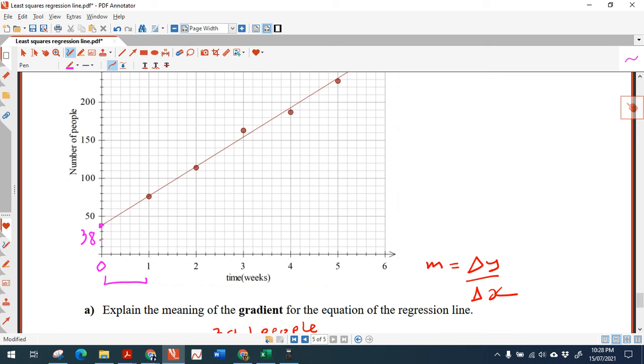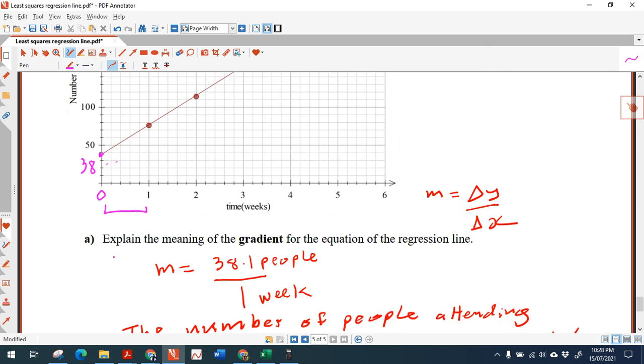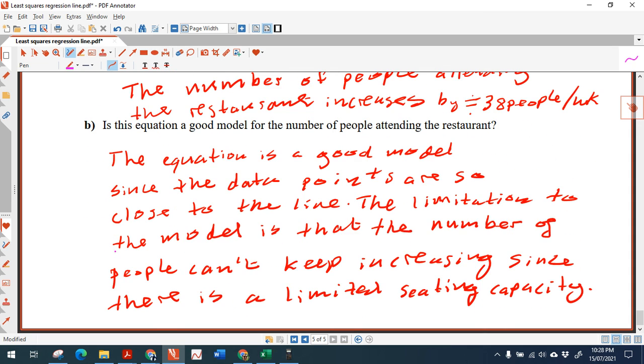Maybe at the start of the time when they started measuring, the initial amount of people in the restaurant was 38. And then after that we had another 38 increase. So the initial amount of people in the restaurant when they started counting, that would be the y-intercept.